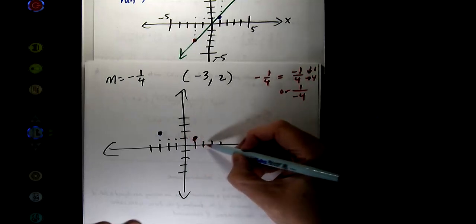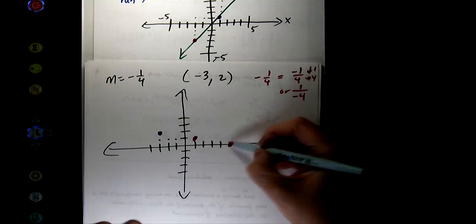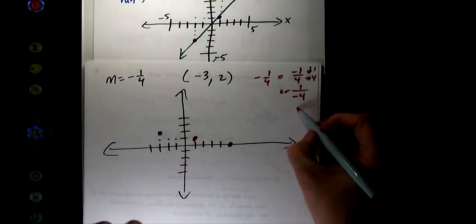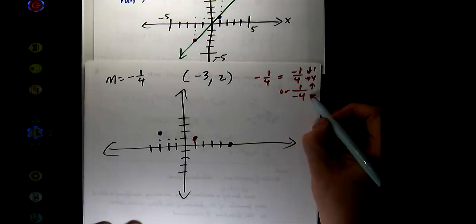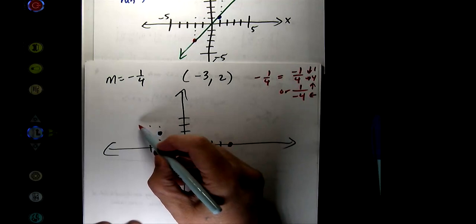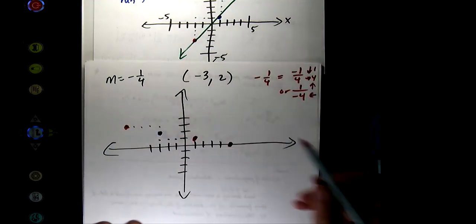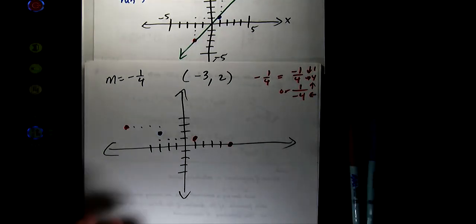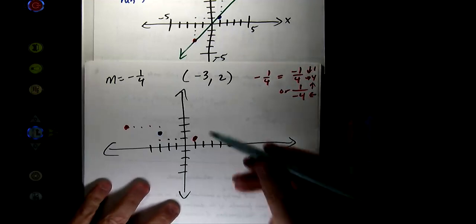This one says go up 1 and left 4. So you end up with the same line. If you want to draw a different direction, that's how you can do it.